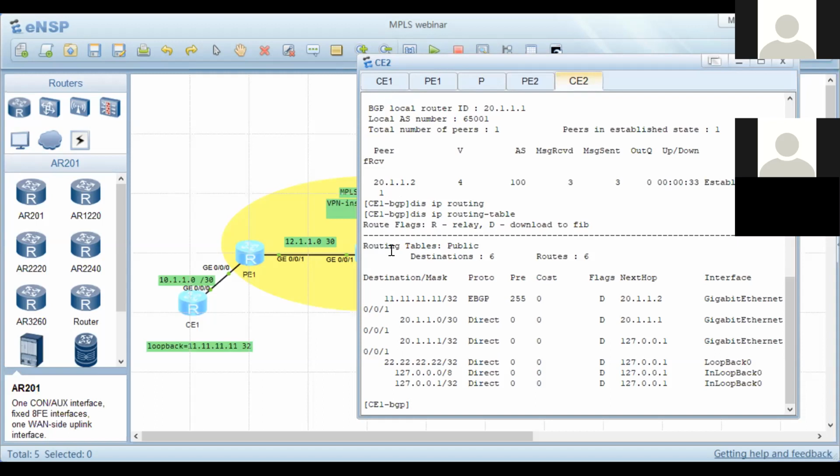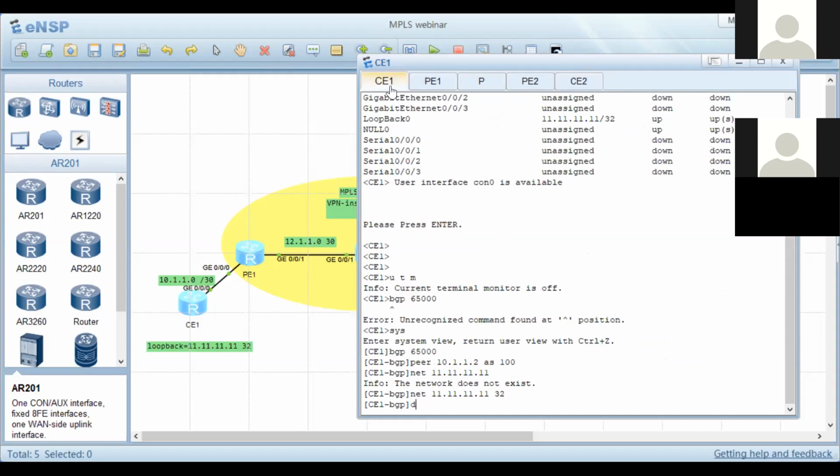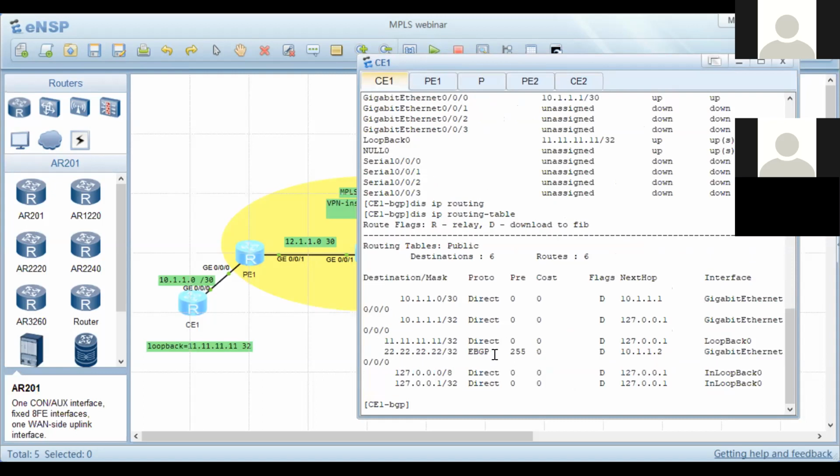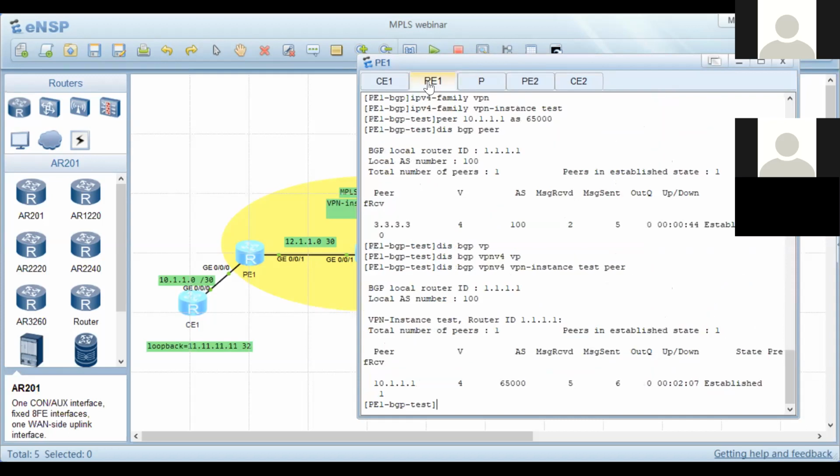So now we can check also in this one. So the internal IP address of the CE2 is found on the CE1. That means the MPLS tunnel is working.